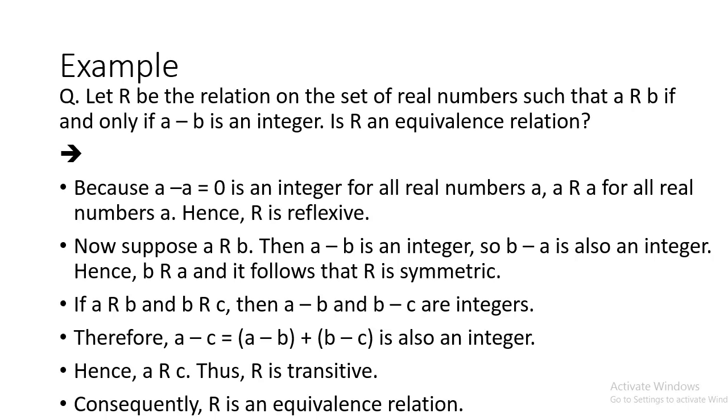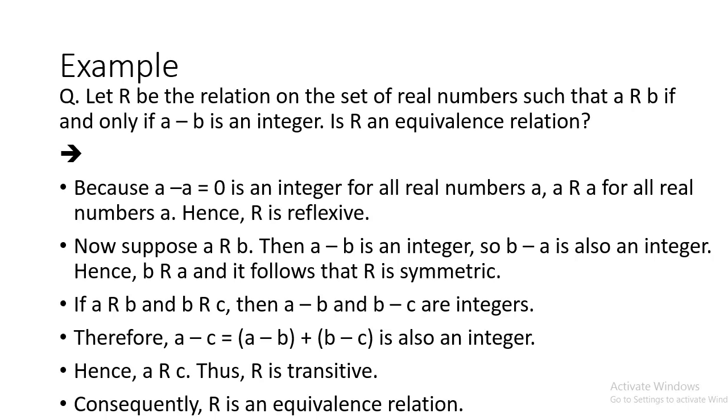Now if a is related to b and b is related to c, then a minus b and b minus c are integers, because in the question itself it is given that if a is related to b, then a minus b is an integer. Likewise for b R c, that is b is related to c, we get b minus c is also an integer.